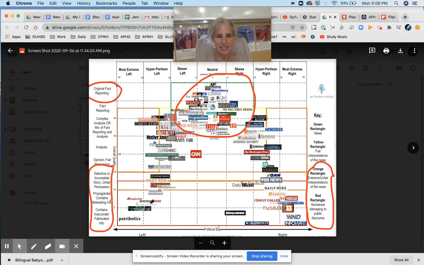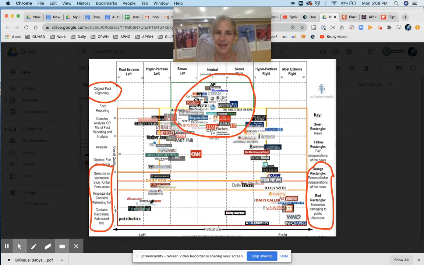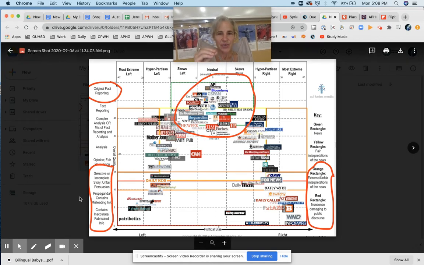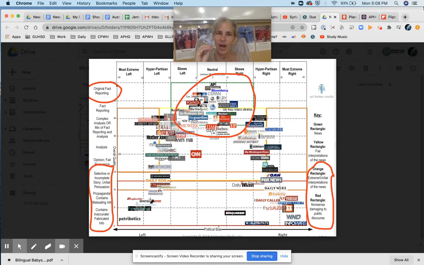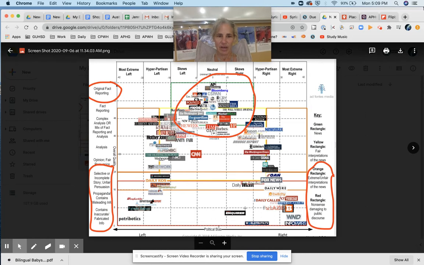So basically, the lower you get is like full on propaganda, stuff that you can't document. It's mostly opinion, misleading. It's not telling news so much as a narrative. It's got a story to tell, and it wants to make sure that you are understanding what you need to believe. So you have to be careful about stuff that's low down on this media chart.